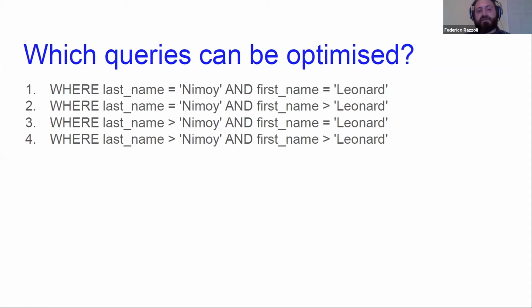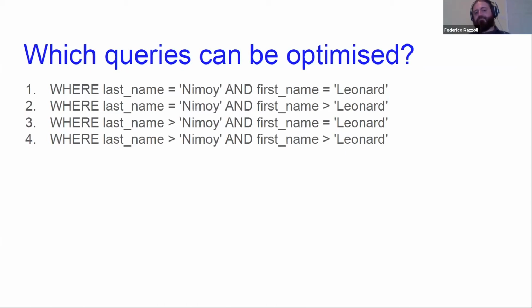But the following 2 queries cannot use an index. Why? Because the first part is last name greater than Nimoy. And that part could actually use an index, but the index will not really help to run the second part quickly, okay?